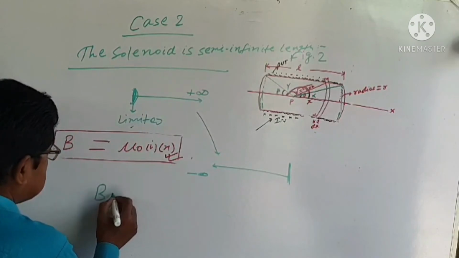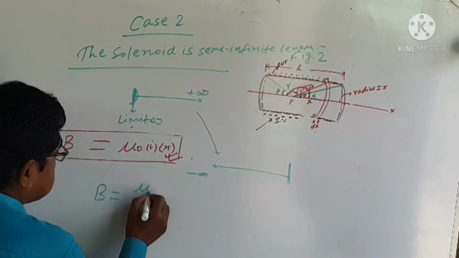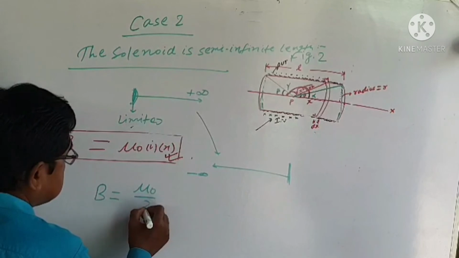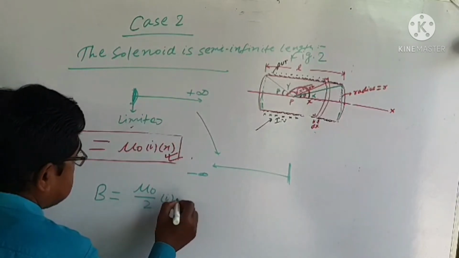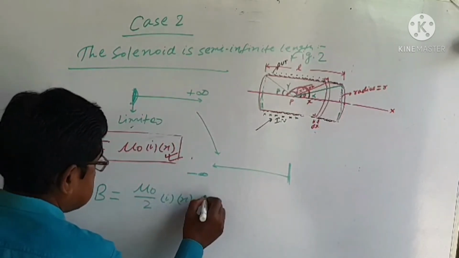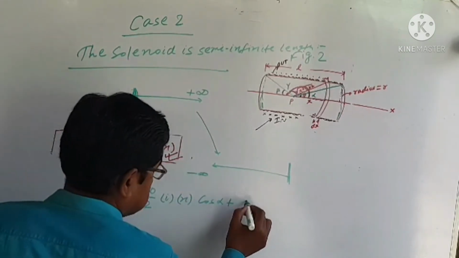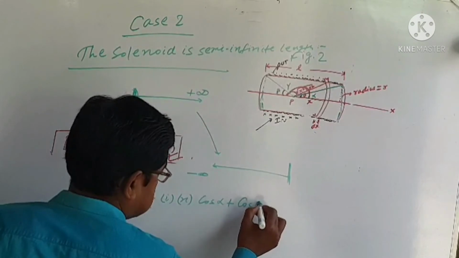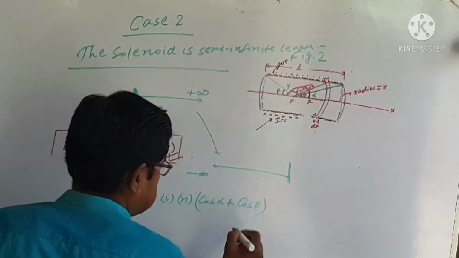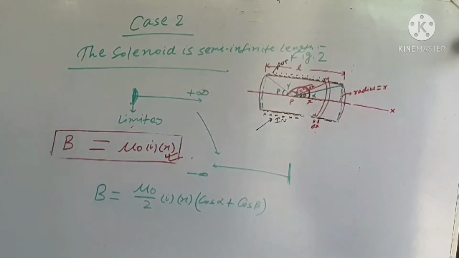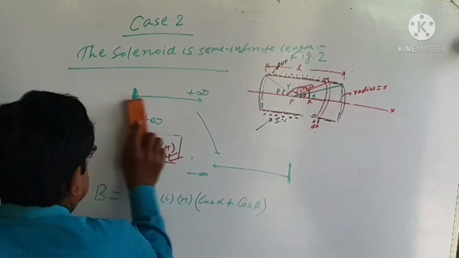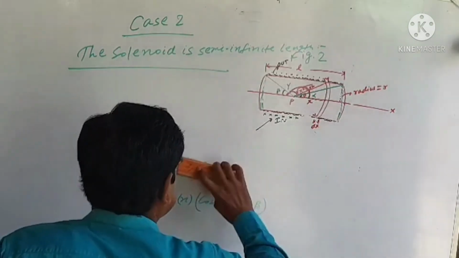B is equal to mu naught upon 2 I n, cosine of alpha plus cosine of beta. Okay. What result do we find?